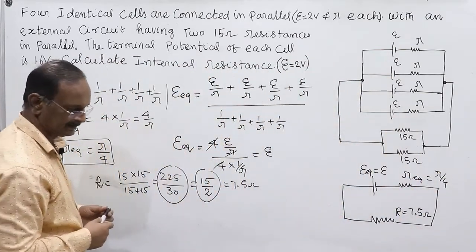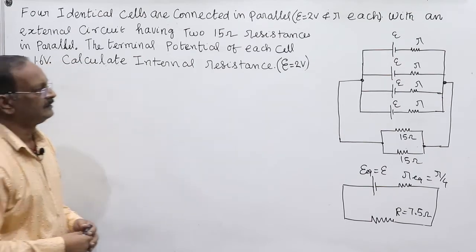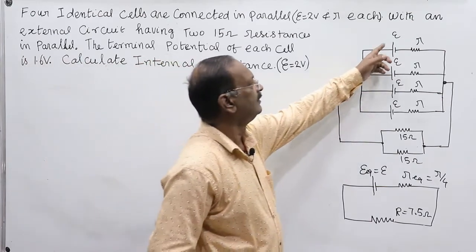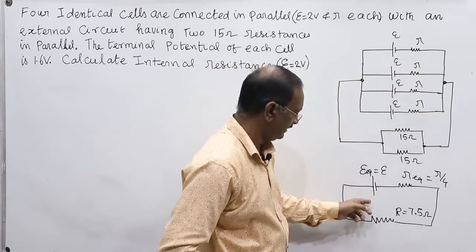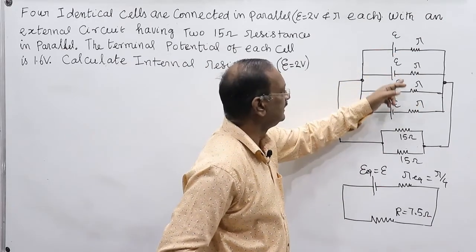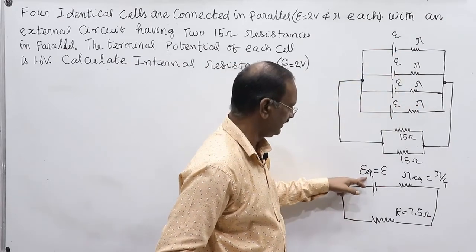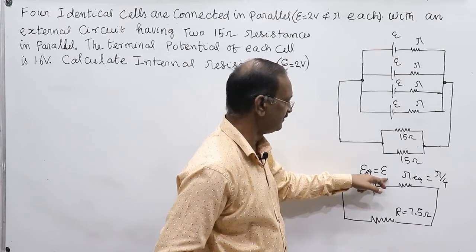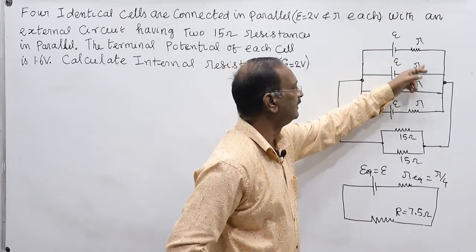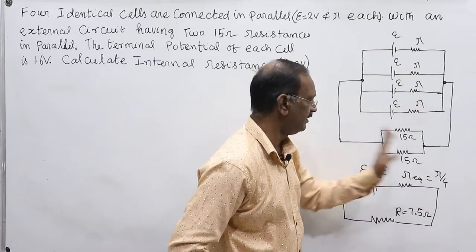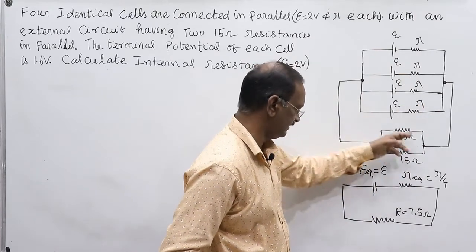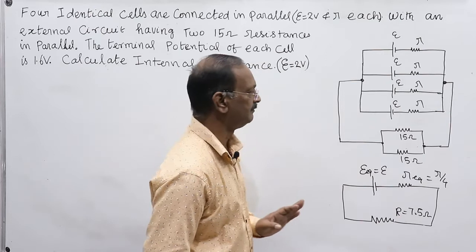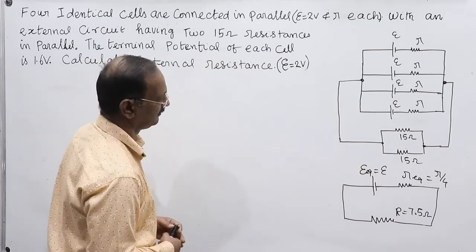We have calculated this. Since we have converted it, the net EMF of the parallel combination is E equivalent, equal to the EMF of a single cell, the equivalent resistance is R by 4, and the external resistance R is 7.5 ohm, as we have written.